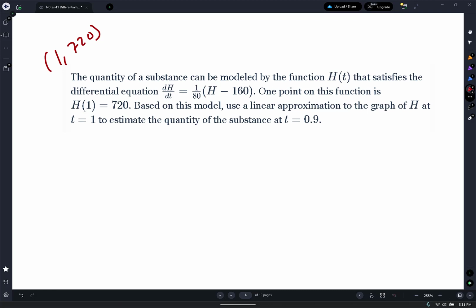So I have a point, I need a slope. I'm going to plug in 720. So 1/80 times (720 minus 160). That's my slope, right, guys?